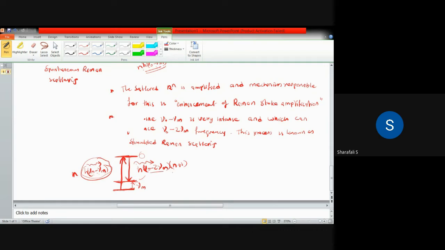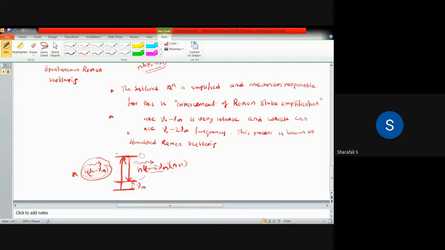This means the lines produced by stimulated Raman scattering will be very intense. It is similar to laser action, the basic principle of laser, light amplification by stimulated emission. The same process happens here, so the intensity of the lines will be very high compared to spontaneous Raman scattering.